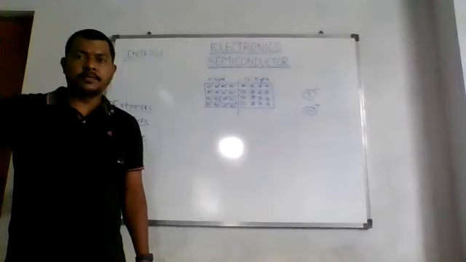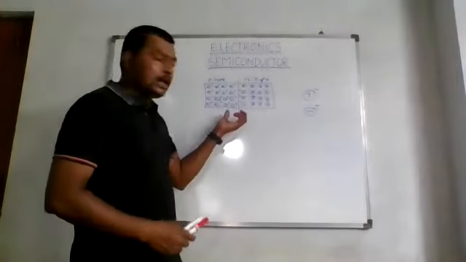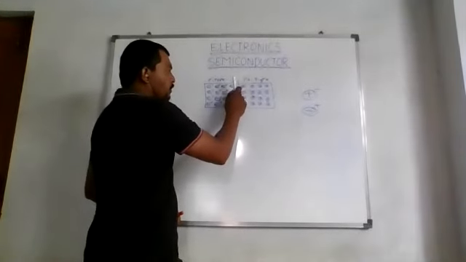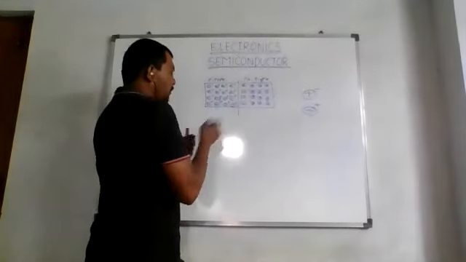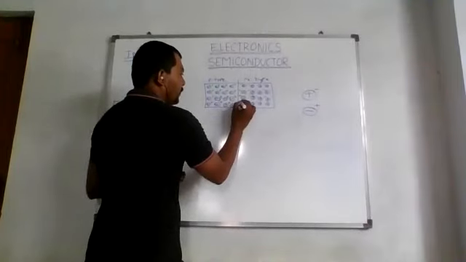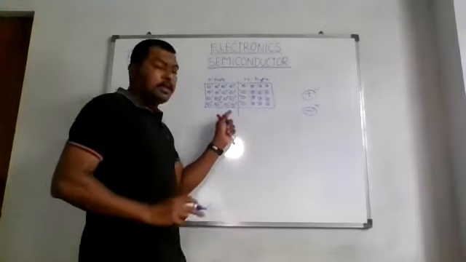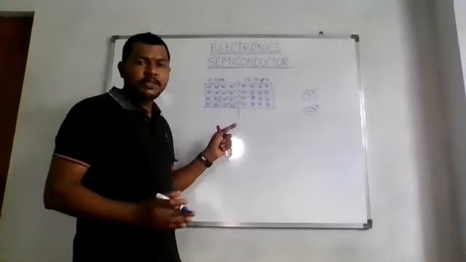So at the center, what happens here? There are excess electrons present over here, right? So there are excess electrons, and at the nearer portion on this side, there will be positive holes. So what happens?